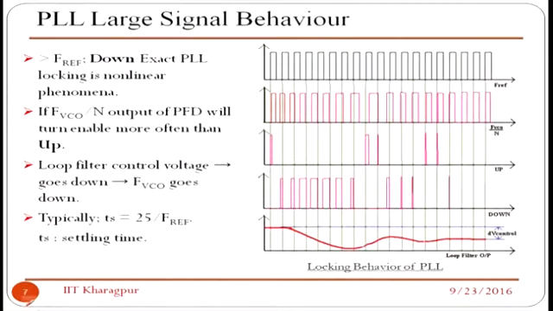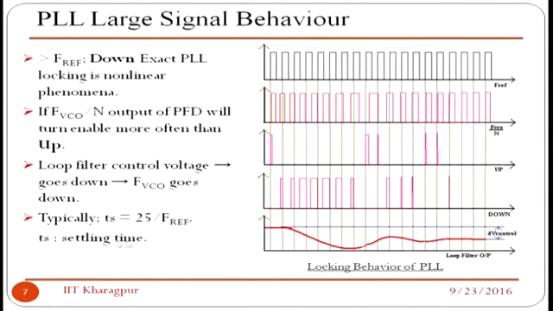Once you get that, then you understand that you have this input signal. Now say there are two signals: F reference, which is at say 5 megahertz, and this is my input signal, the VCO output divided by N. If there is a phase difference between them, then it will turn on as I up if there is leading, or it will give I down.